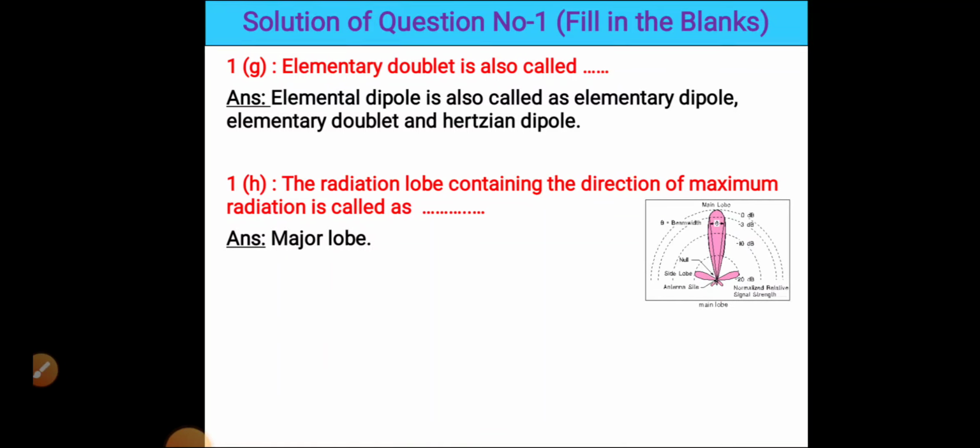So here side lobes are there and the main lobe is there. The main lobe contains the maximum direction of radiation, and the right side is called the side lobe or minor lobe.